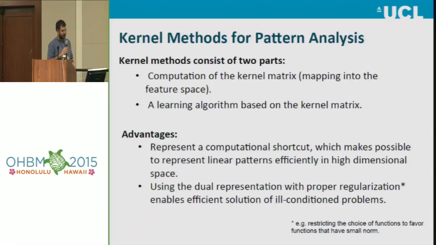Computationally, they're quite convenient because, as we'll see, they represent a computational shortcut. Even though we're handling very high-dimensional data, we can do our representations in quite a compressed way. Secondly, we can use the dual representation, which I'll also come on to, combined with some regularization. This allows us to deal with the ill conditioning that we typically see in neuroimaging applications.